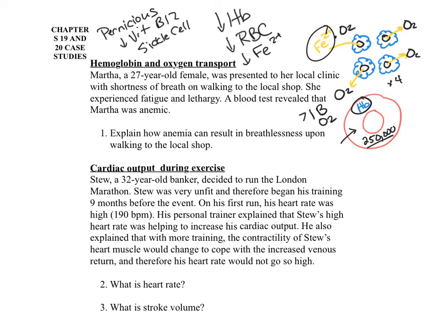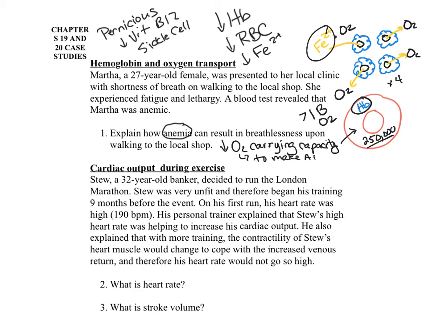So what all of this anemia means is that you have decreased oxygen carrying capacity of the red blood cells, right? So you're not getting enough oxygen to the tissues. Oxygen is necessary to make ATP.